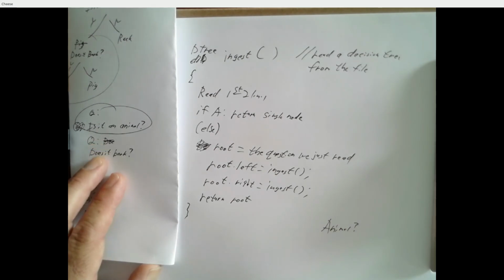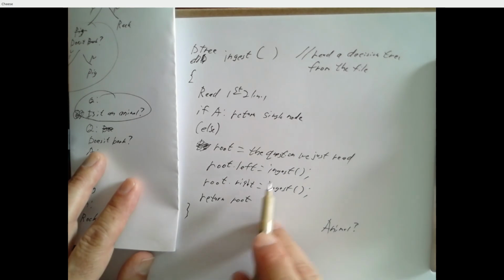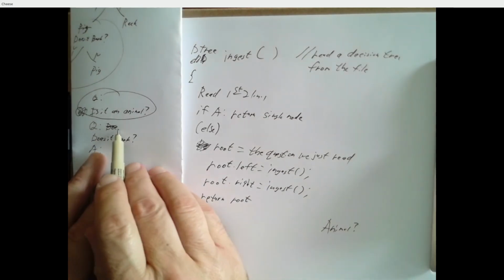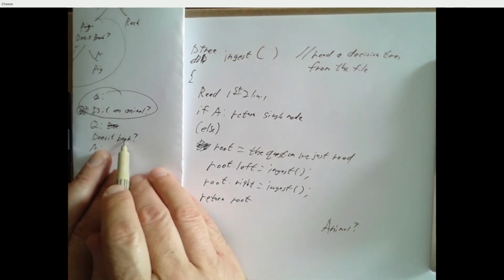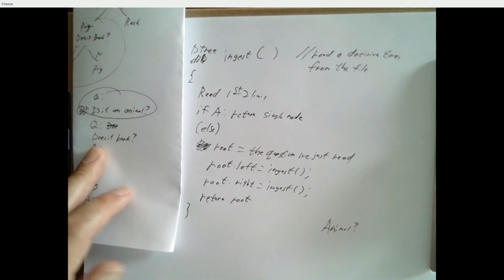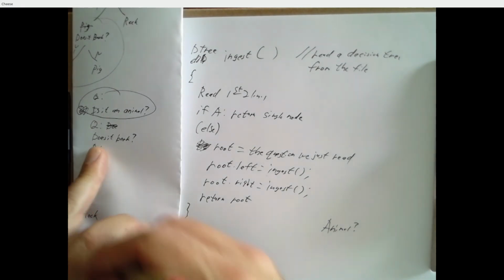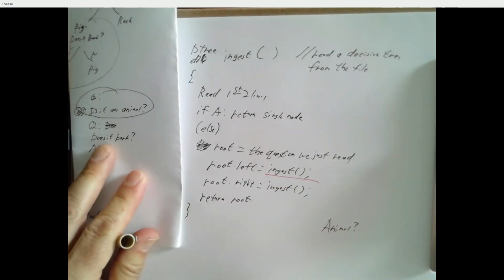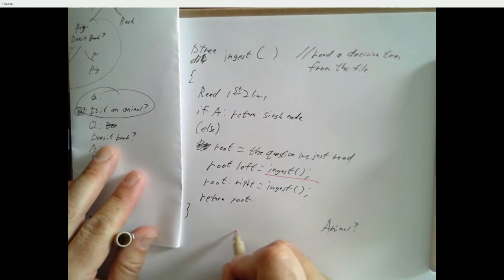And now we're going to call ingest again. So we're in a recursive call to ingest, which starts here, reads the first two lines of the file, and it says, does it bark? That's a question. So this call to ingest is creating, and let me switch colors here, we're in this call to ingest, so we're going to create a tree, and the root of that tree is going to be, does it bark?